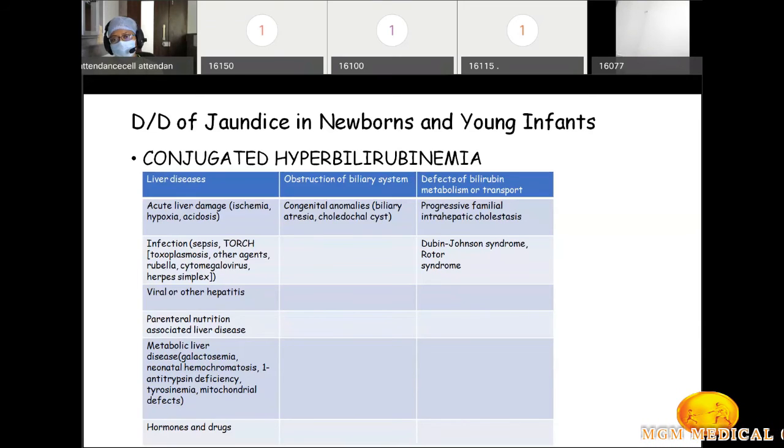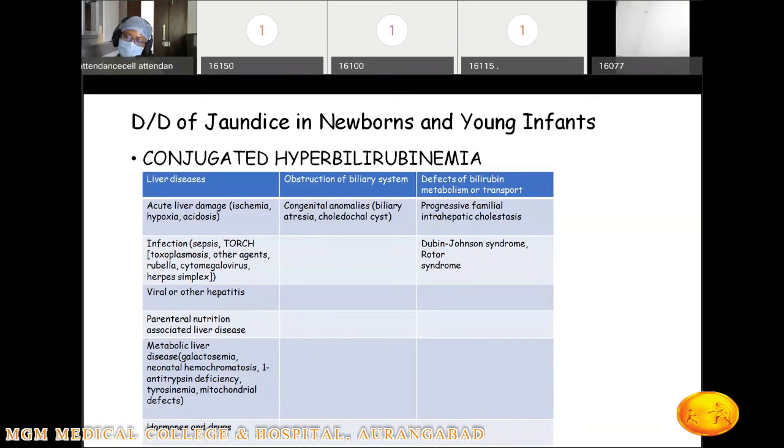So there is a small canaliculi running alongside the hepatocyte membrane. This transport from the liver hepatocyte to the canaliculi happens through some channels, and there are some receptors involved in this. If you have some problem in these receptors, you might get a group of conditions, and many of them are familial, genetic or hereditary conditions.